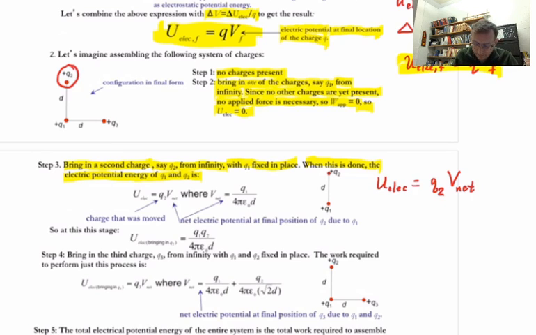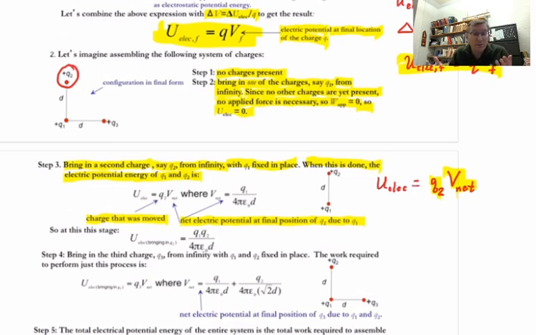So Q2 was the charge that was moved, and V net here is the net electric potential at the final position of Q2. And that potential is due to the charge that is already there, Q1.